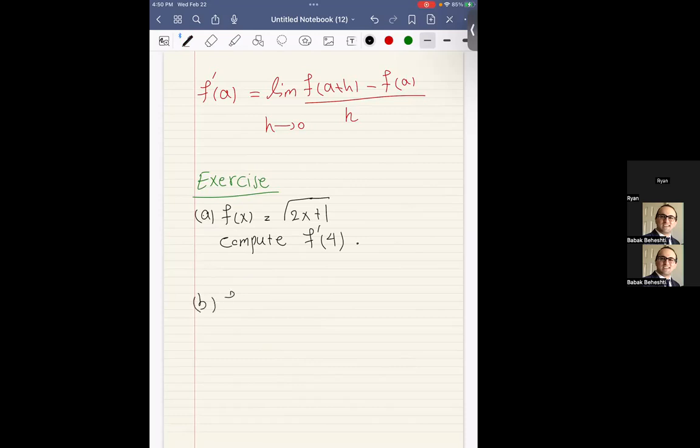Part B: f of x is equal to 2x cubed plus x squared minus 4x plus 1. Compute f prime of 1.